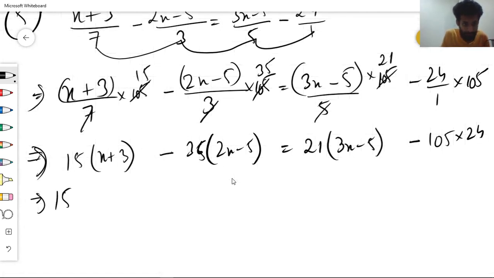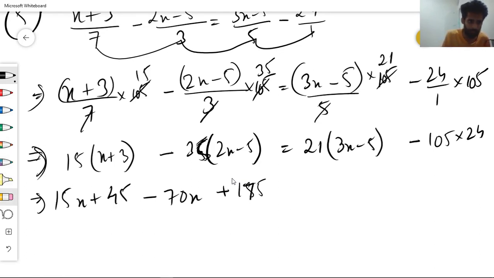So 15x plus 45, minus 70x plus 175, this is minus minus plus, so 175.